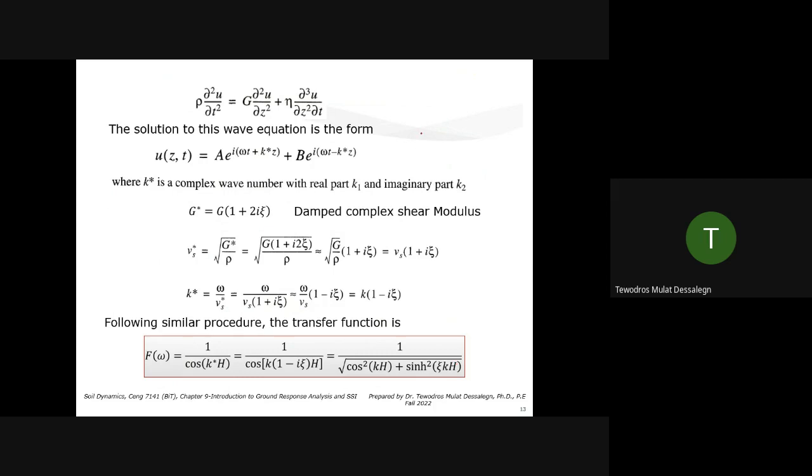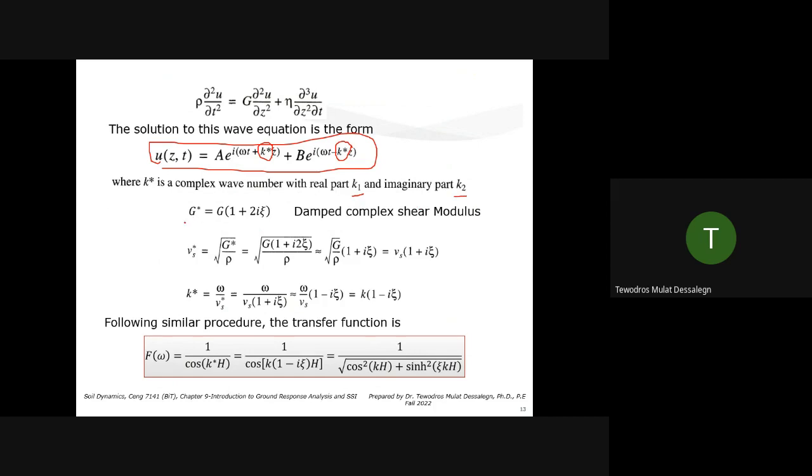So the solution of this wave equation is of this form. Now it's a similar wave equation form, but the wave number changes. It becomes k star now, because it includes damping. It's getting more complex, where k star is a complex wave number with a real part k1 and imaginary part k2.